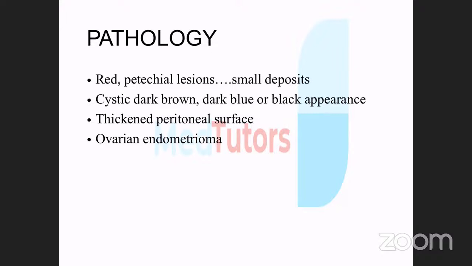They may appear as dark brown, dark blue or black cysts. Sometimes you may only find thickened peritoneal surfaces, areas with thickened peritoneum appearing as if it's a scar on the peritoneum. And of course, the ovarian endometrioma, which is a common presentation. Next slide.